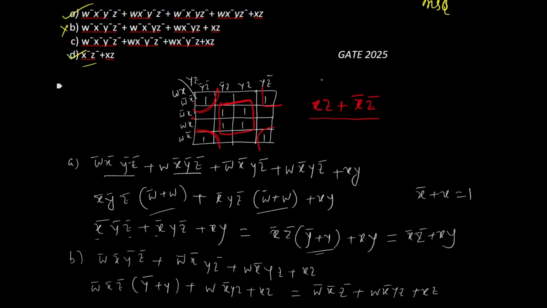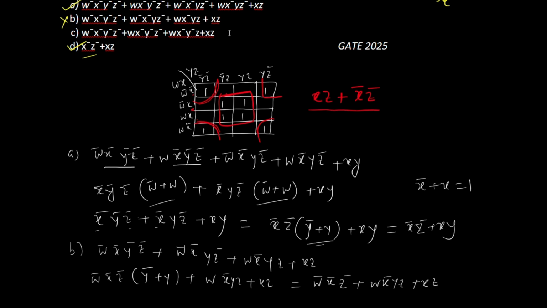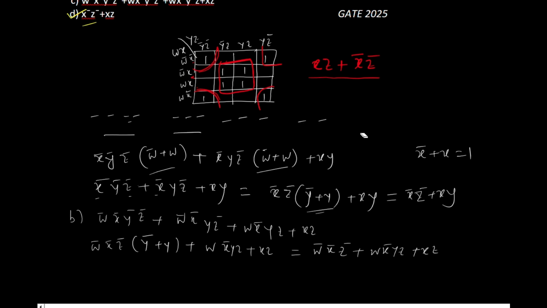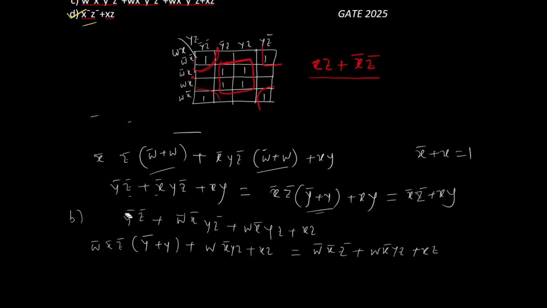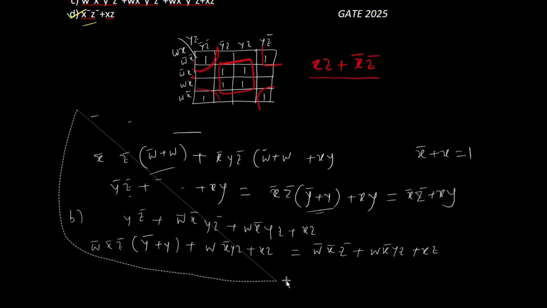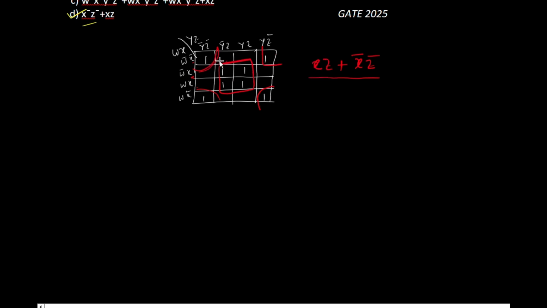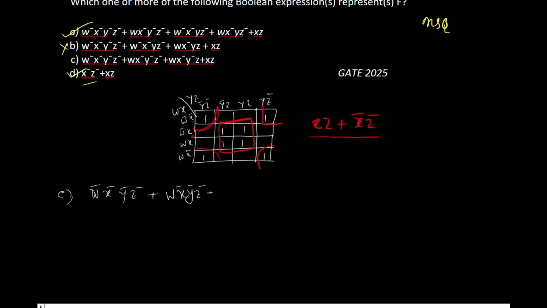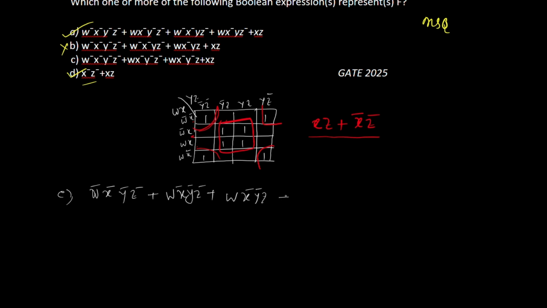Now we have to see option number C. Option number C is w bar x bar y bar z bar plus w x bar y bar z bar plus w x bar y bar z plus x z.